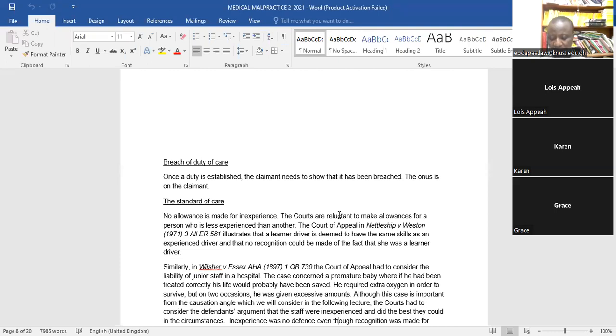Must prove. I hope you remember that. He who asserts must prove. Ei incumbit probatio. So the person who is asserting that something exists or something does not exist, he or she bears the burden to actually bring evidence to establish that that which he is talking about is the case or is not the case.